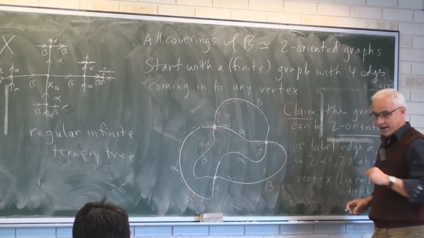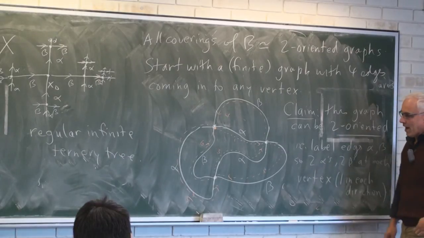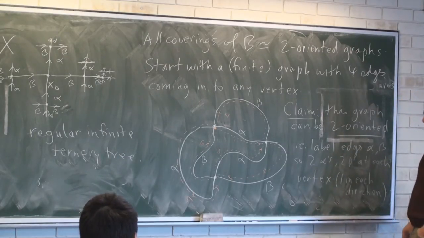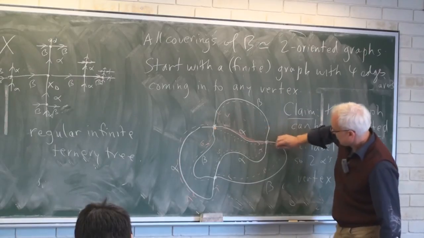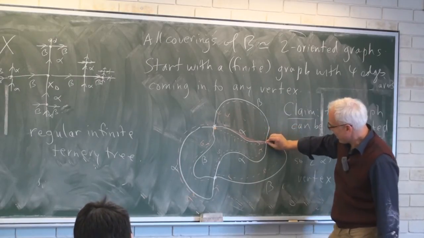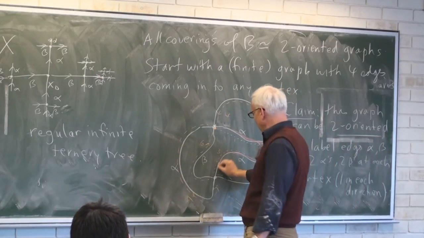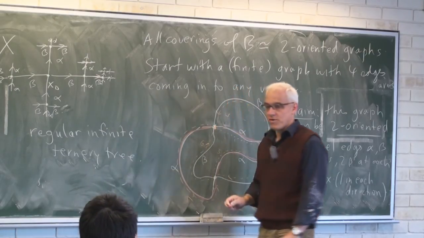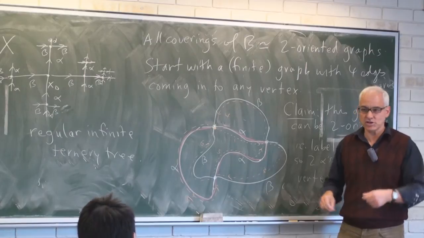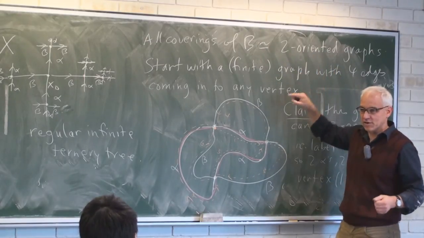But we still need to orient these edges. How do we orient the edges? Well, we look at, say, just the alpha edges. Here's an alpha edge. There's one coming in and there's one going out. So the alpha edges will themselves form some circuits, maybe more than one. There might be a circuit of alpha edges here, and another circuit of alpha edges there, and so on.